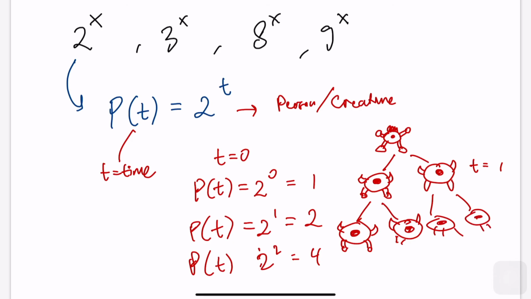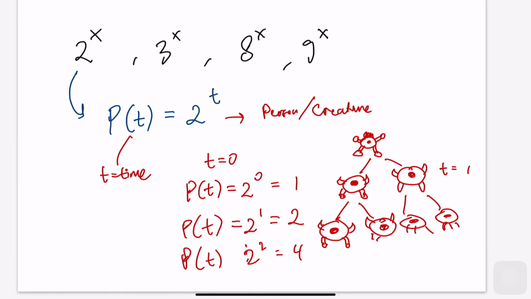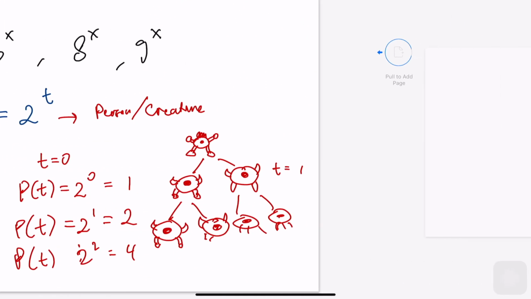You'll see that as t increases, it keeps doubling every time, right?